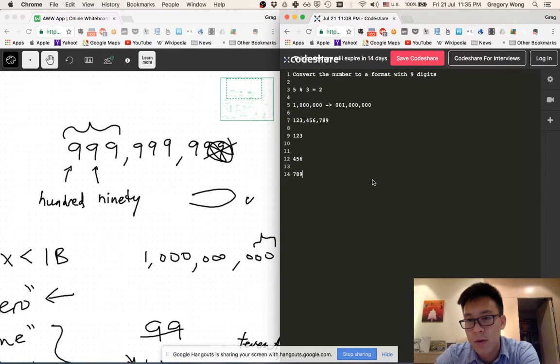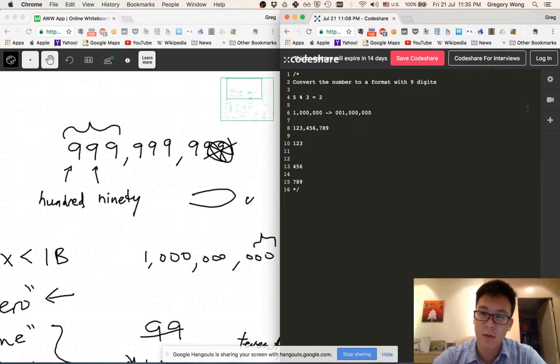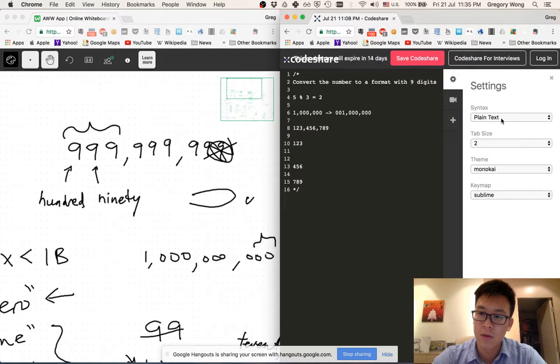Say this function is called convertChunk and returns a string. Can you actually jump into coding and use that to help you out? That's the tedious part, or slightly tedious part.